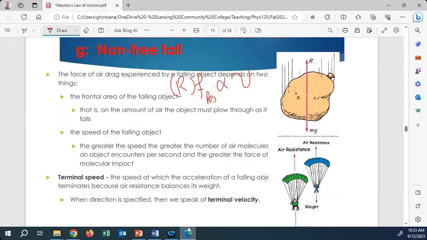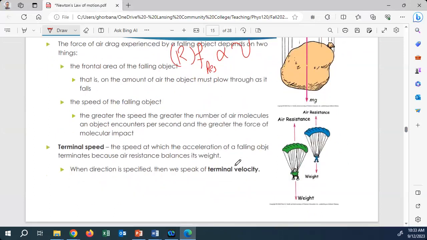So let's look at the parachute problem. How can we analyze this? A skydiver, okay? What exactly is happening? Let's say you are just, have you ever done this before? Has anyone? No one? Okay.